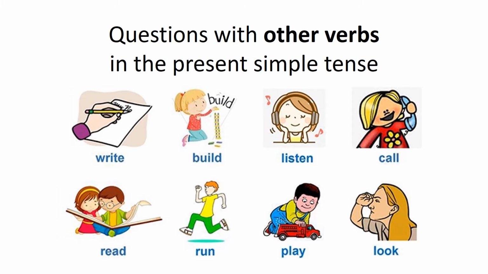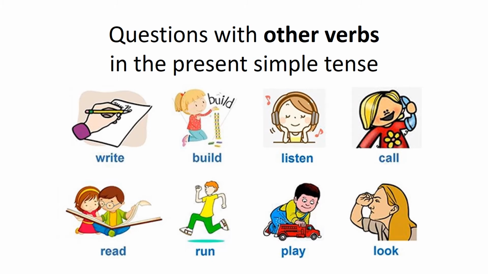Verbs like write, build, listen, call, read, run, play, look, etc. So if we're using other verbs to ask questions and to talk about our lives, to say whatever we want, we must know how to use these verbs in affirmative and also in questions.